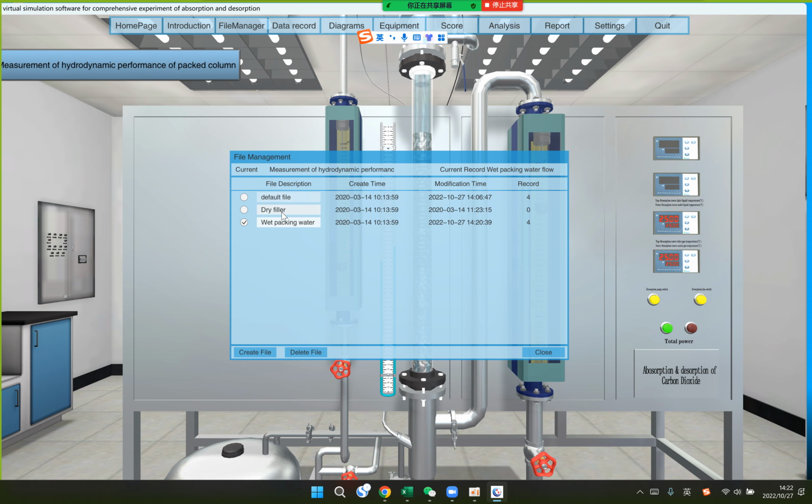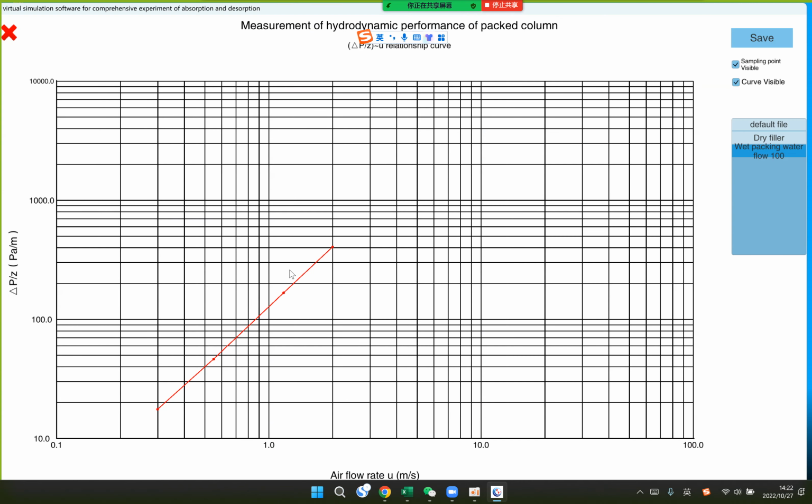Wrong English spelling. So you may choose your file, or you can even create more files, like water packing, water equal to maybe 300 liters per hour, to generate appropriate files.